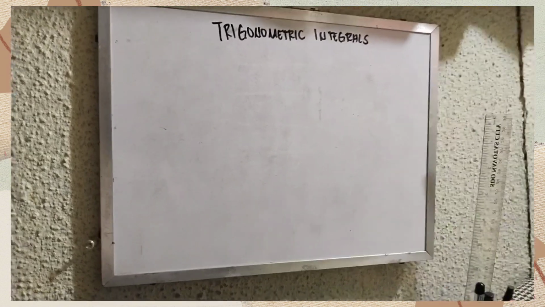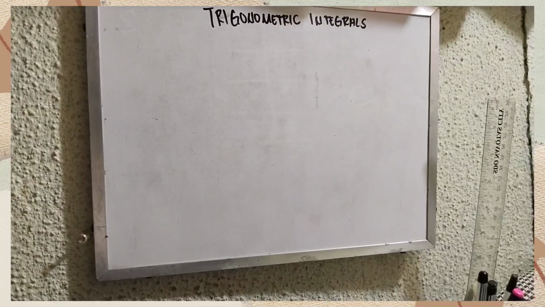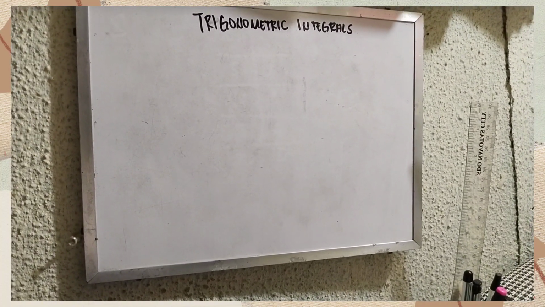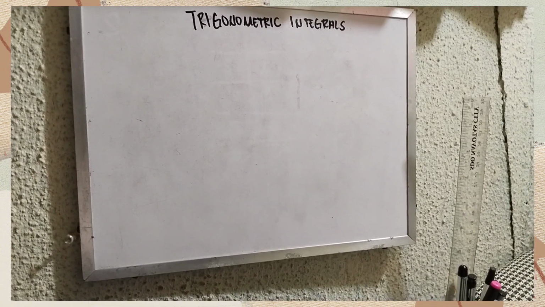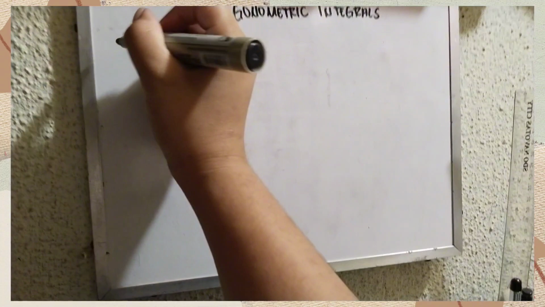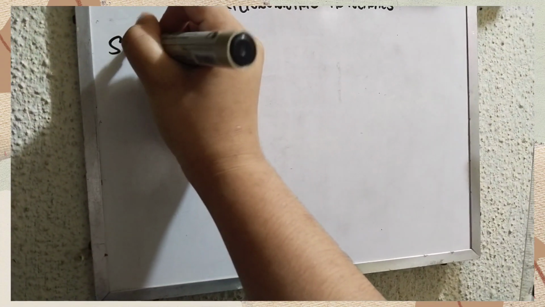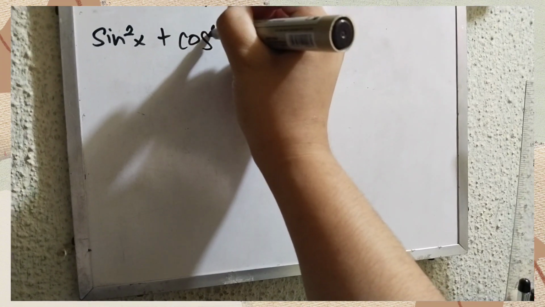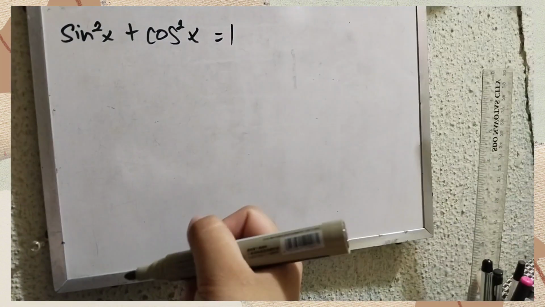So today we are going to discuss trigonometric integrals. So let's start. Let's recall the formulas and trigonometric identities that will be needed later on. So we have sine squared x plus cosine squared x is equal to 1.